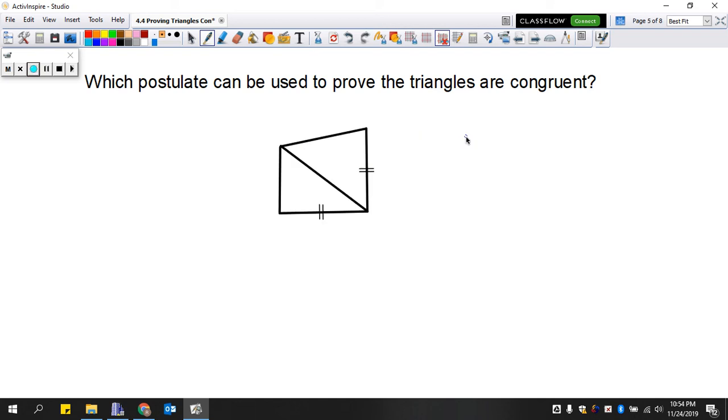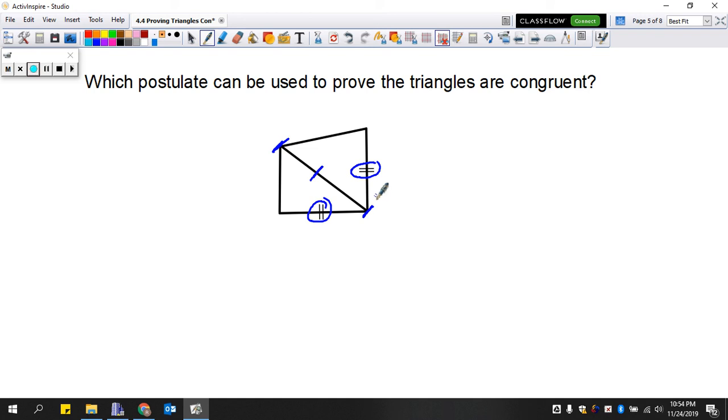Here, which postulate can be used to prove the triangles are congruent? Okay. Well, we're given that this side and this side are congruent. We're given that according to the reflexive property, this line down the middle is congruent to itself. All right.